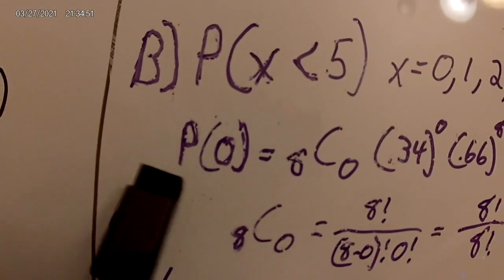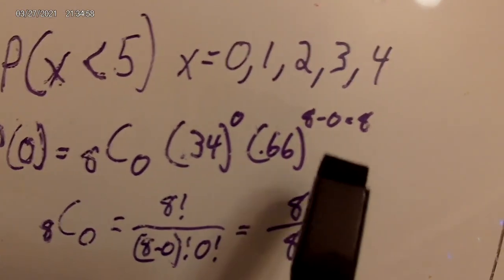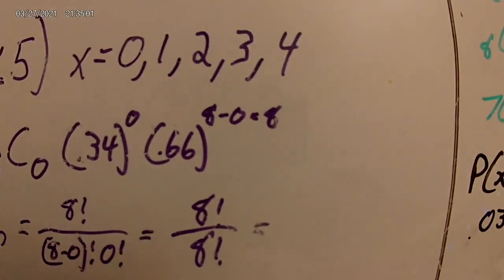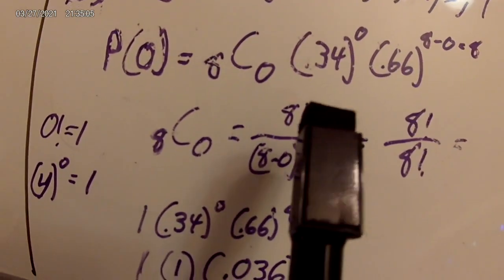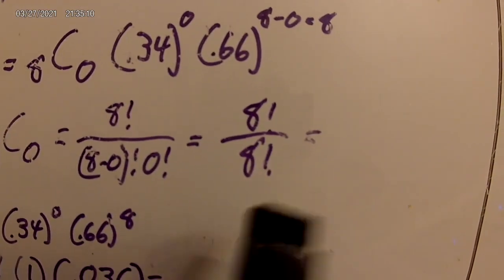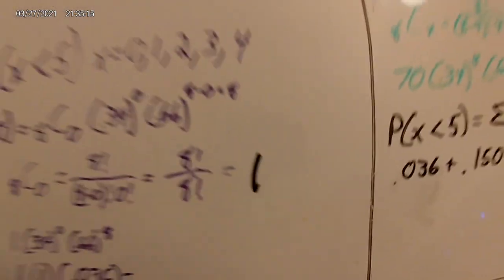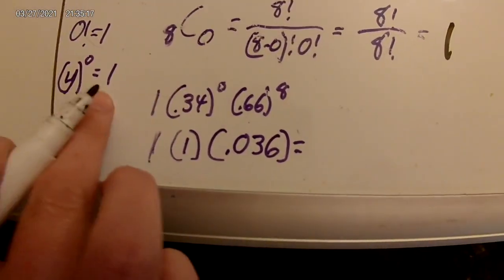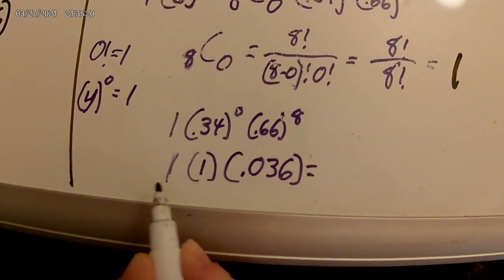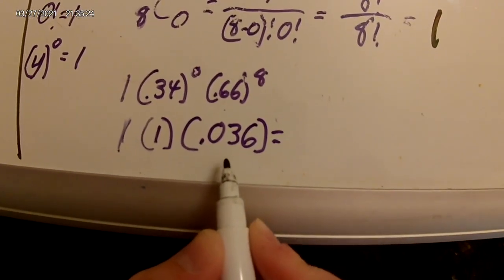We start with the probability of 0, so 8C0, 0.34 to the 0 power, times 0.66 to the 8 minus 0, which is 8. 8C0 is 8 factorial over 8 minus 0 factorial times 0 factorial, which just ends up being 1. Anything to the 0 power also equals 1. So we end up with 1 times 0.66 to the 8, which is 0.036.